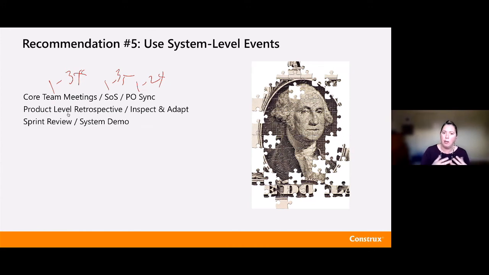Similarly, I want a way of looking at my whole product. I don't want to just look at the pieces of the product. I want to be able to look at how all those pieces are coming together into my whole solution. And so a system demo or a sprint review or a product demo, some places these replace the team level demonstrations, like in Nexus.